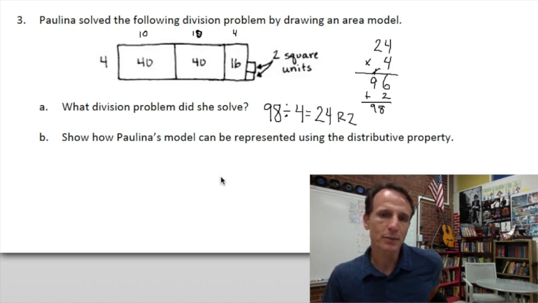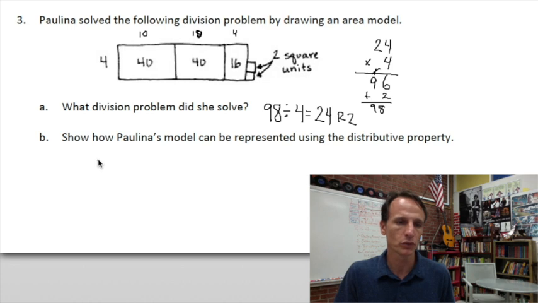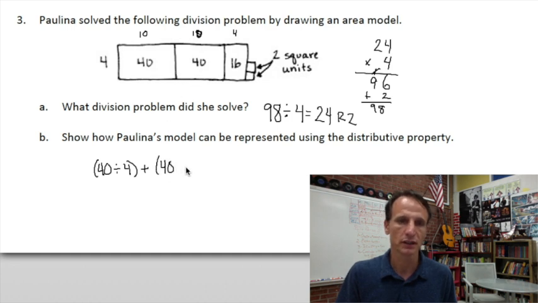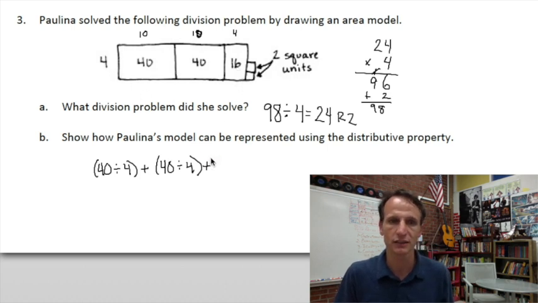Now, how can it be represented using the distributive property? So now she did it a little differently. I would have done 80 divided by 4 equals 20, but we'll use her model because that's what they're telling us to do. So 40 divided by 4 together with, added to, the quotient of 16 divided by 4.